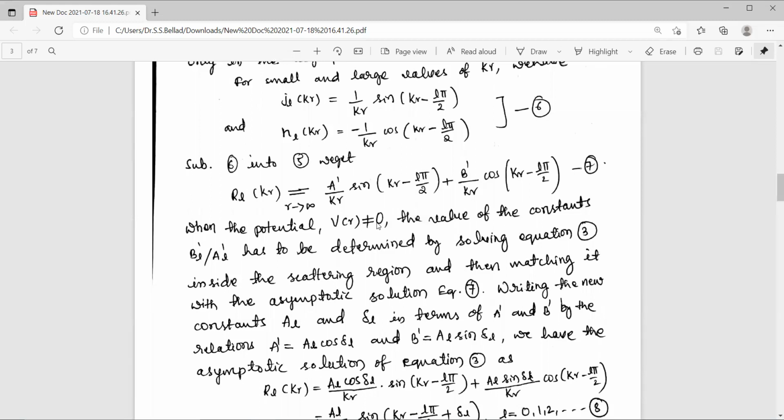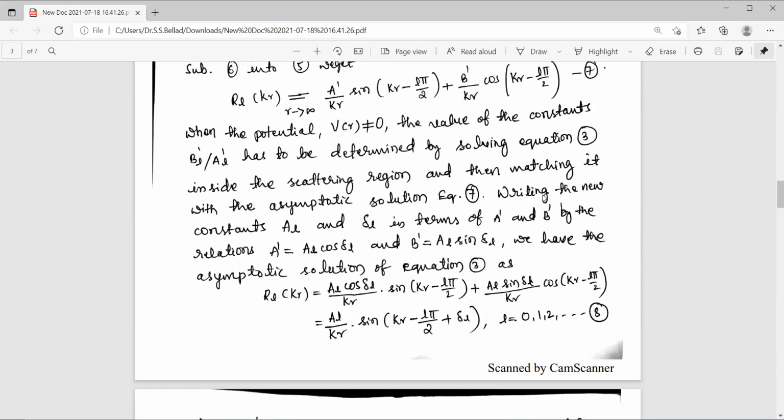So when the potential V of r is not equal to 0, for the incoming particle, the value of the constants B dash of L divided by A dash of L has to be determined by solving equation 3 inside the scattering region, which means inside the sphere of that potential, and then matching it with the asymptotic solution of equation 7.